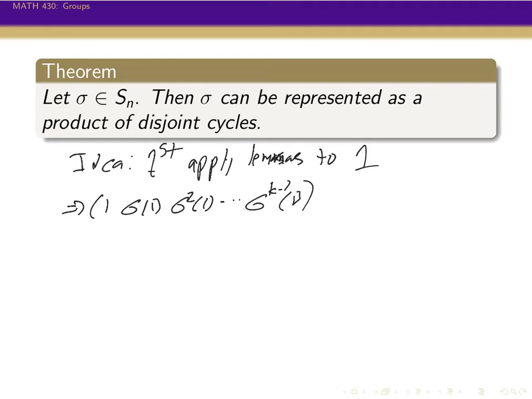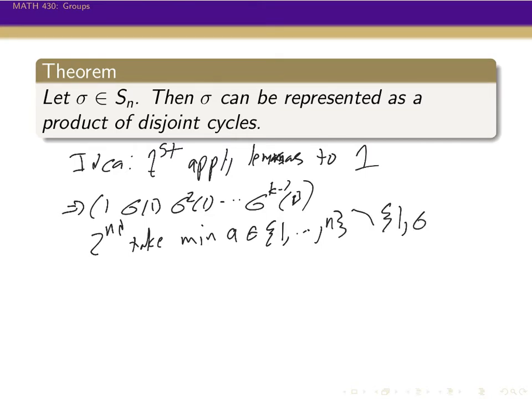Then we look at that list. That gives us some of the numbers from 1 to n, but maybe not all of them. If there's some number missed there, then second, we take the minimal a in 1 through n after taking out 1, sigma of 1, up to sigma to the k minus 1 of 1.